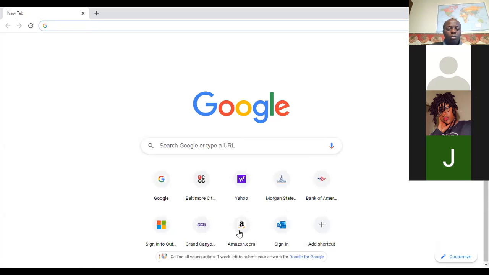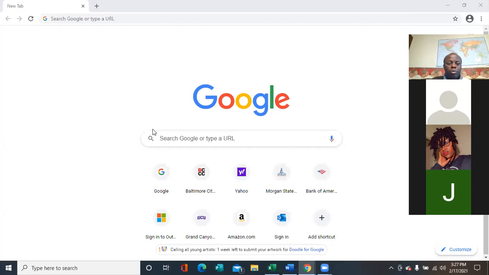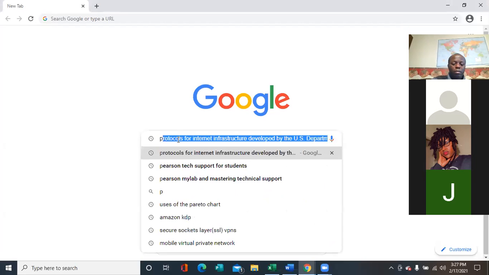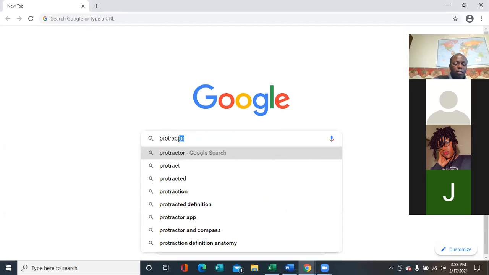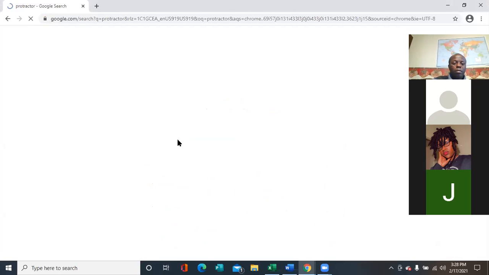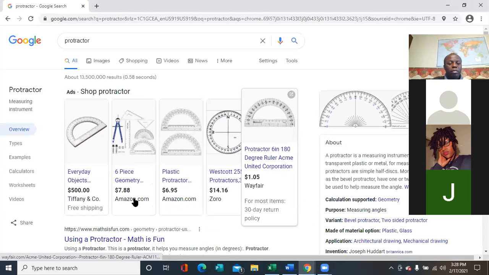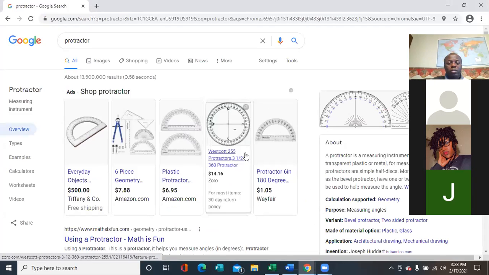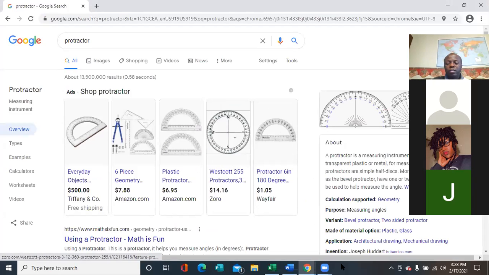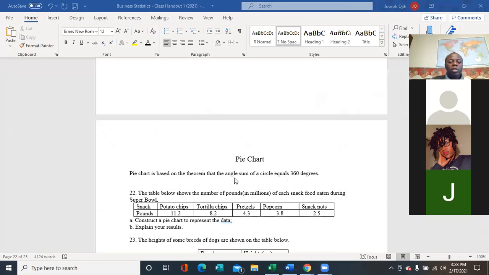A protractor looks like this. You can see it, right? You had it in high school. You use this to measure the angles on the pie chart. So when you're drawing it manually, that's what you're going to be using to measure it.